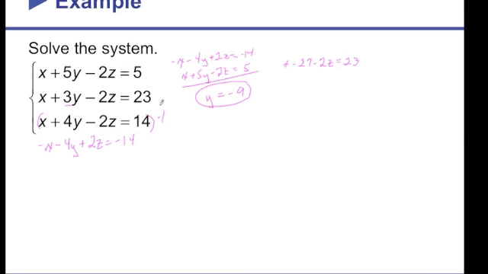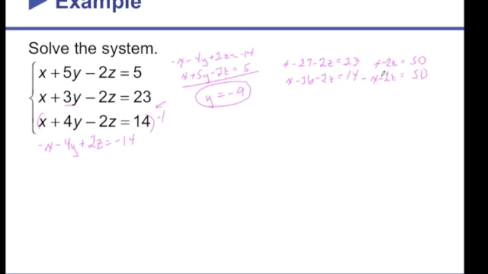And in this equation, x minus 36 minus 2z equals 14. Combining like terms, I end up with x minus 2z equals, adding 27 to both sides, 50. And here I'll have x minus 2z equals 50 again.